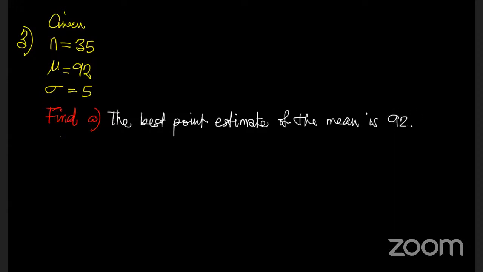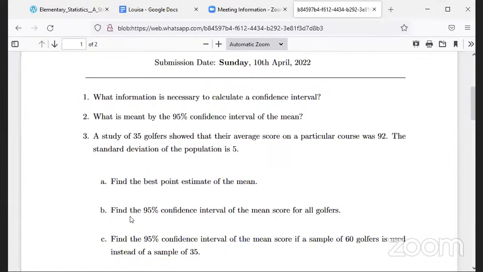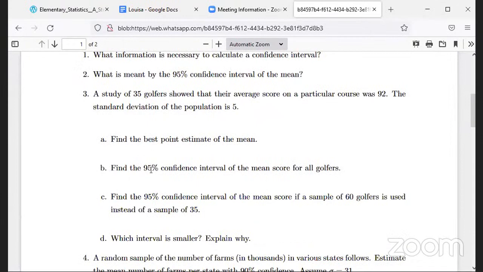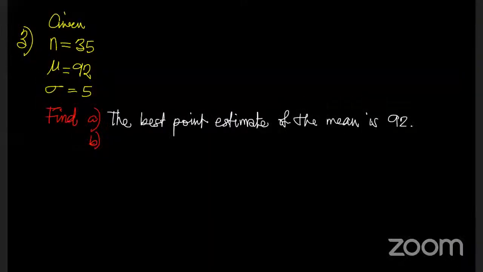B. Question B is find the 95% confidence interval of the mean score for all the golfers. Okay, so this is how we do this.